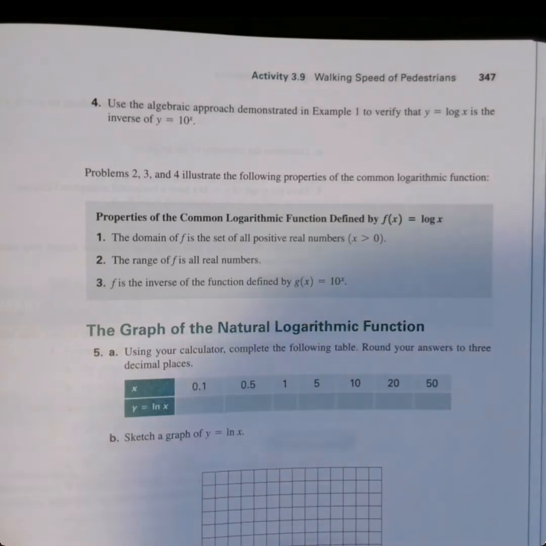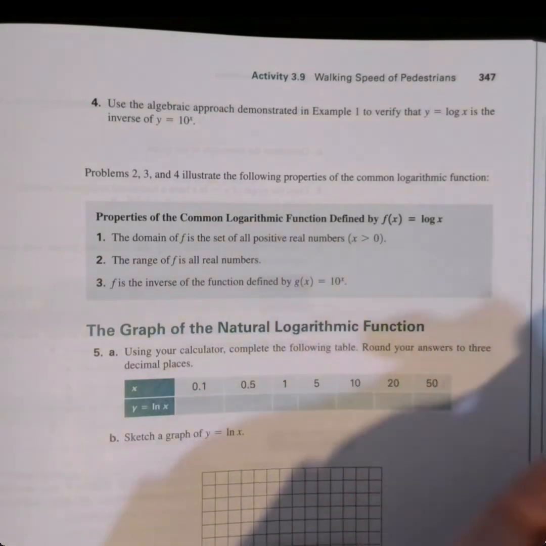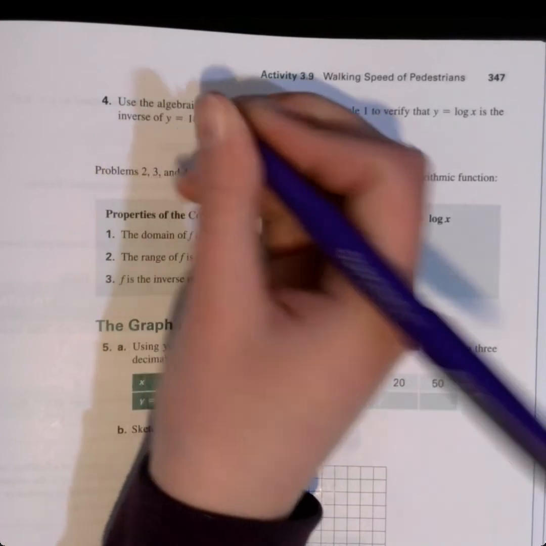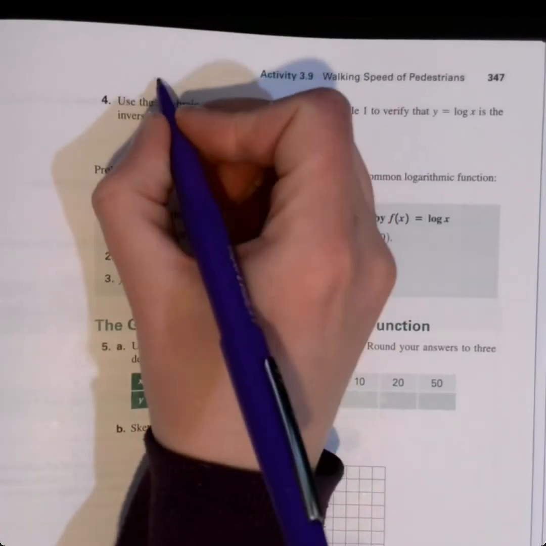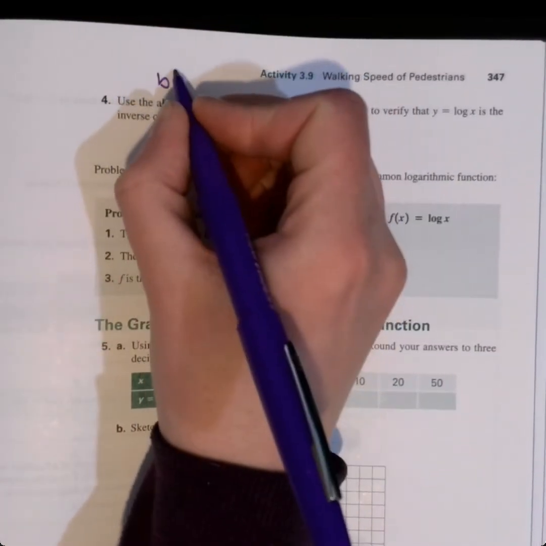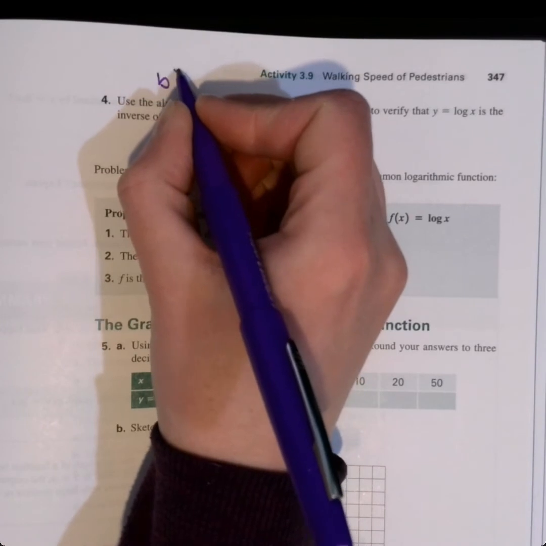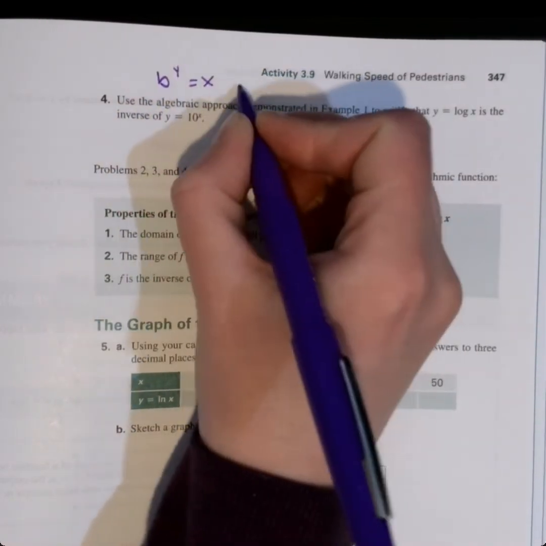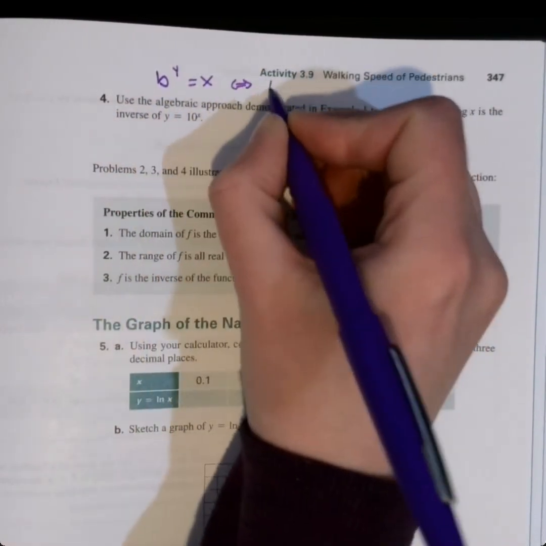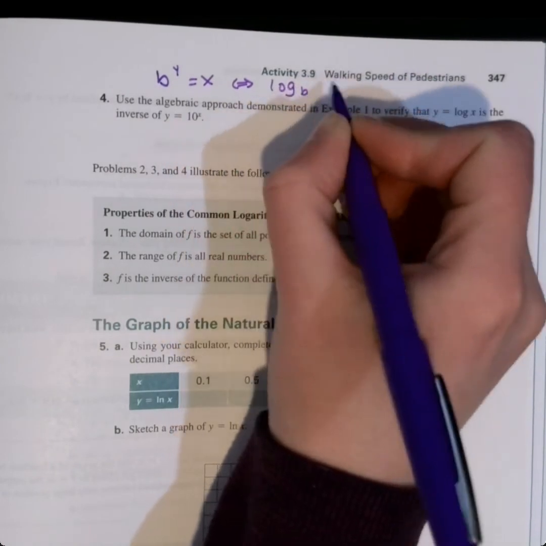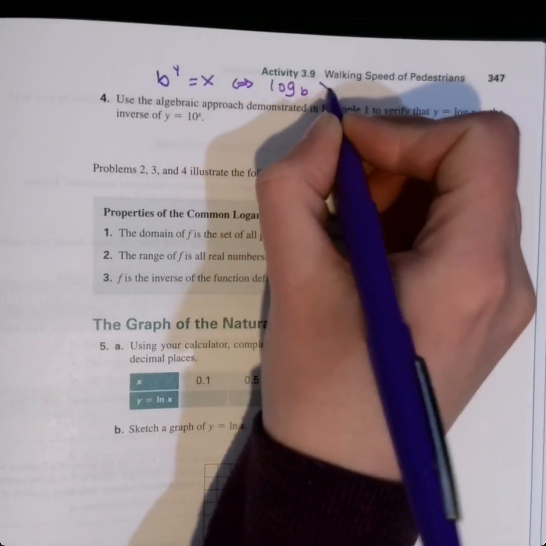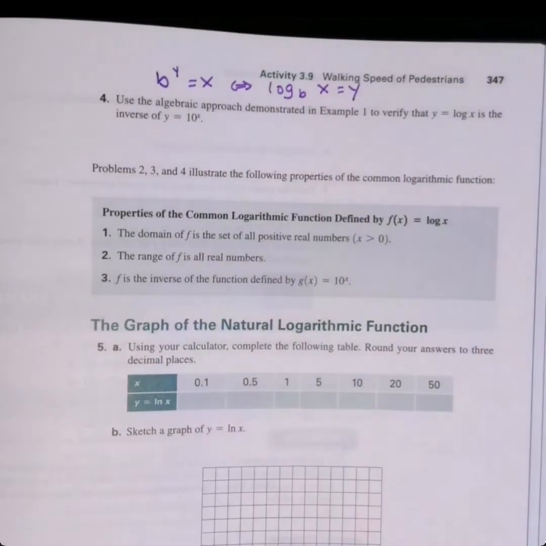I had to look back at example 1. Okay, so if I have my y equals 10 to the x, we're using the property that b to the y is equal to x is interchangeable with log base b of x equals y from the last section.